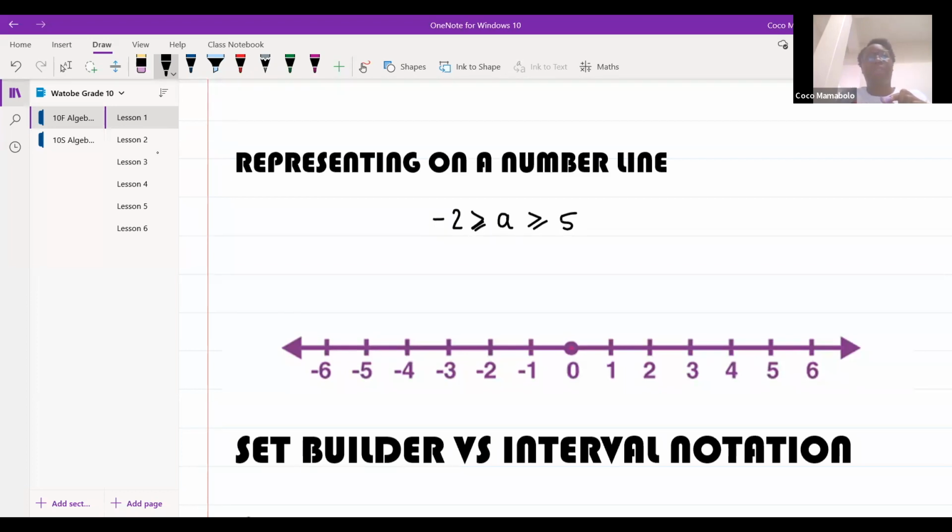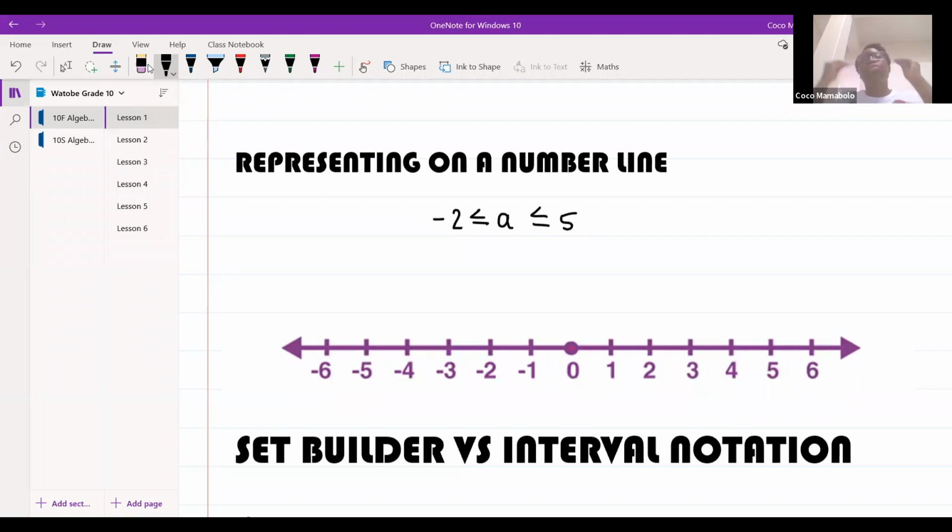That's the other way around, isn't it? Do I need to write it the other way around? Yes, because A is greater than or equal to -2, and then A is less than or smaller than 5.